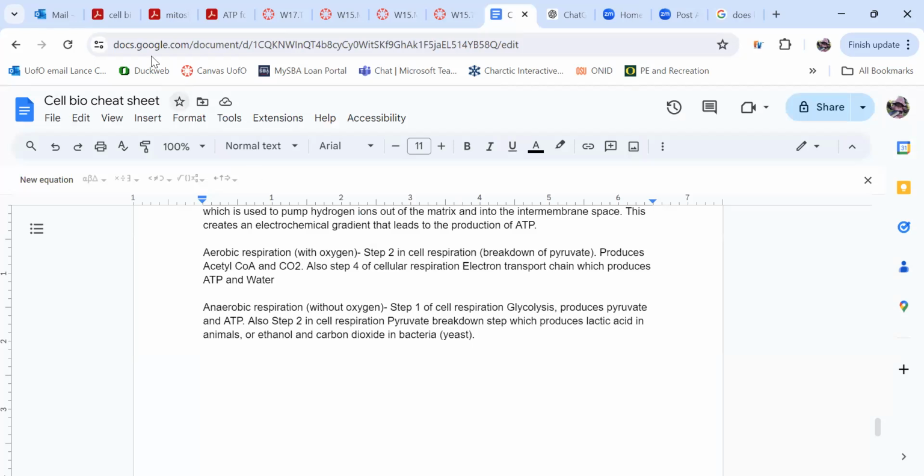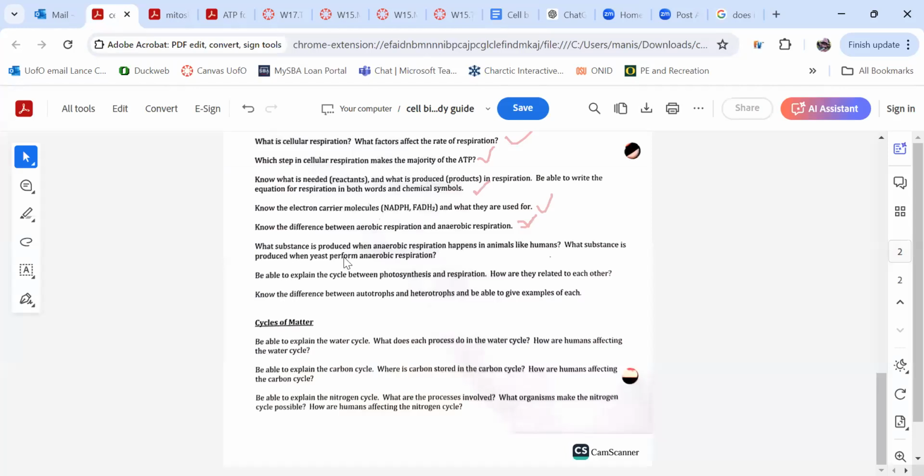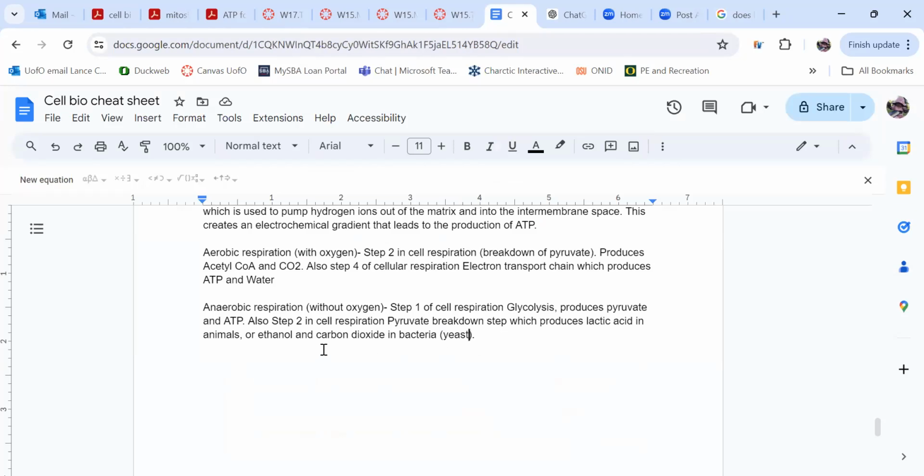Is there any more information we need to put there? What substance is produced in animals like humans? Yeah, and that's going to be lactic acid. To answer that question, what substance is produced when anaerobic respiration happens in animals like humans? That's where your lactic acid is going to be. Pyruvate and ATP. And then next to animals, we'll put humans, just in case humans comes up on the test.